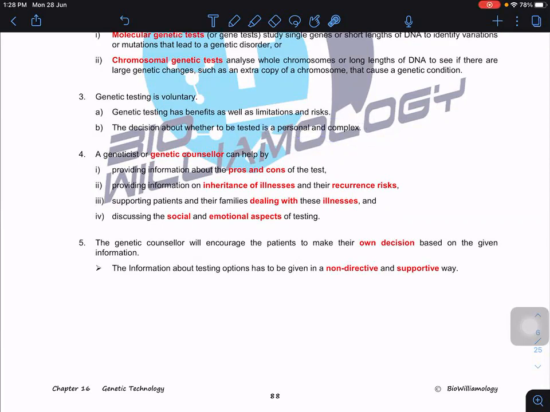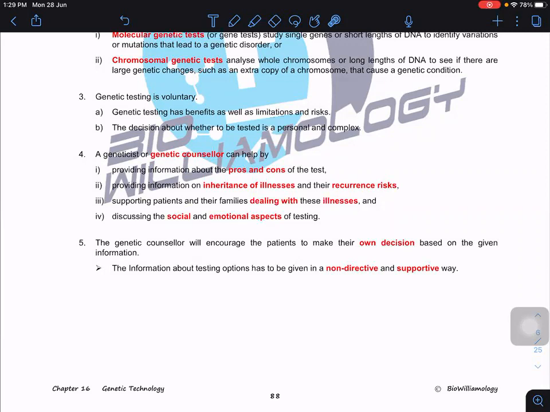Whether you want to go for testing or not, after you have gotten the results, you can go and get a consultation from the genetic counselor, so that they can provide information about the pros and cons of the test, information on inheritance of the illness and recurrence risk, and also support the patients and their family dealing with the illness, and discuss the social and emotional aspects of the testing.